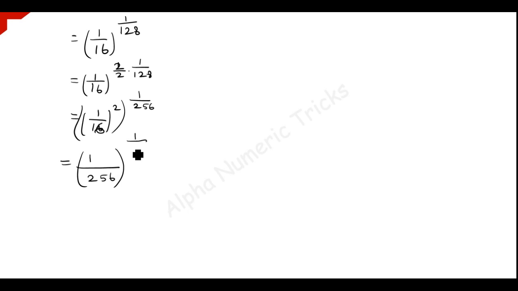Combining these two terms, (1 over 16) whole squared, and 2 times 128 is 256, which is equal to 1 squared is 1, 16 squared is 256, so 1 over 256 whole to the power 1 over 256. Finally, we achieved both terms being the same.